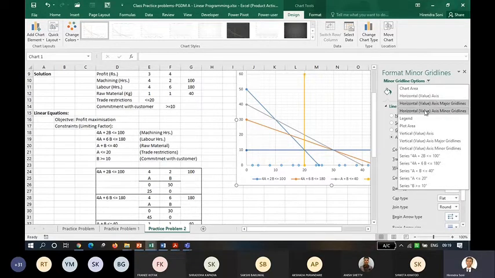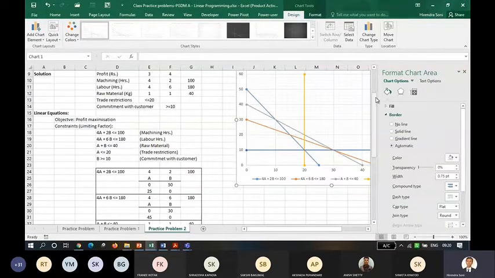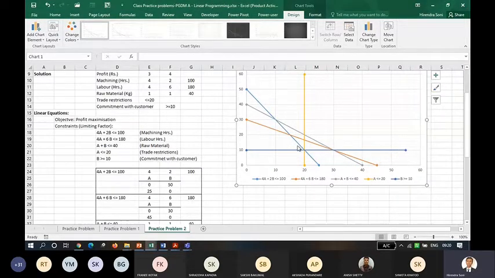You can directly make the changes. So this is how you should add grid lines. It will help you in identifying these intermediate points too.